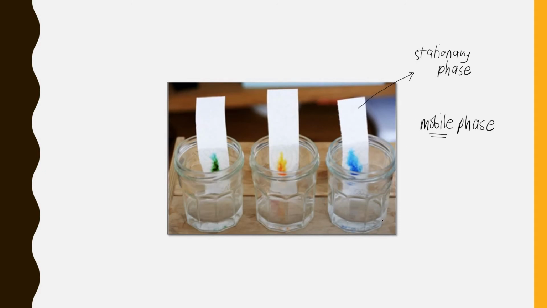In this example, you have water. Water is the mobile phase. Usually the mobile phase is the phase that helps the sample to travel along the stationary phase. The mobile phase will bring your sample along the stationary phase, while the stationary phase stays in the system. So you have to really understand the difference between these two.